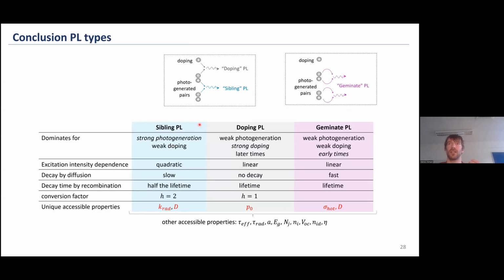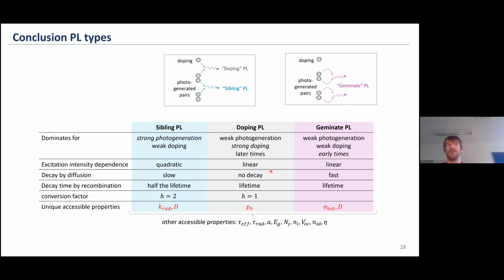And my conclusion on these PL types is that they are very different. Yeah, so they're dominating for different regimes. The sibling PL is especially strong for strong photogeneration and weak doping. Doping PL is obviously strong for strong doping, and the geminate PL is very strong at the early times, basically, and at low injection conditions.